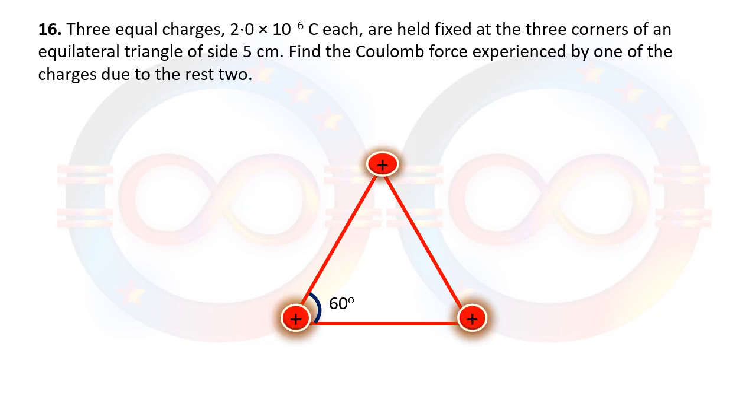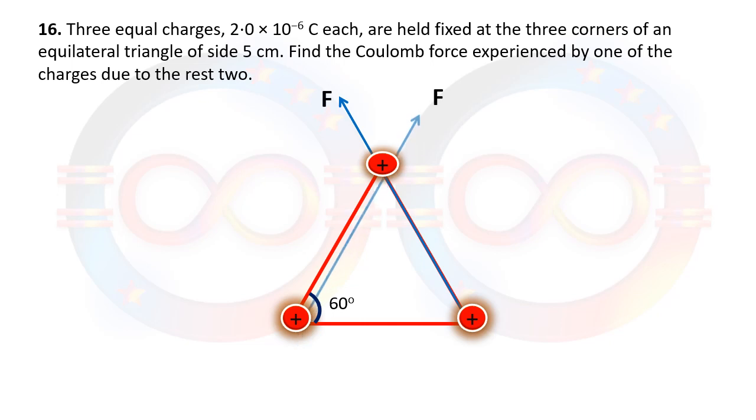These are the three charges, positive in nature, amount is 2 into 10 raised to minus 6 coulomb. Side of this particular equilateral triangle is 5 centimeter. Force between these two charges will be repulsive in nature along the line joining.